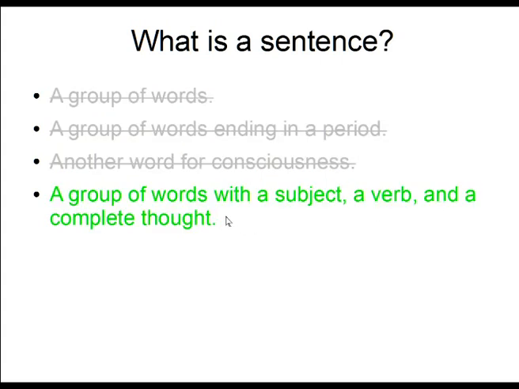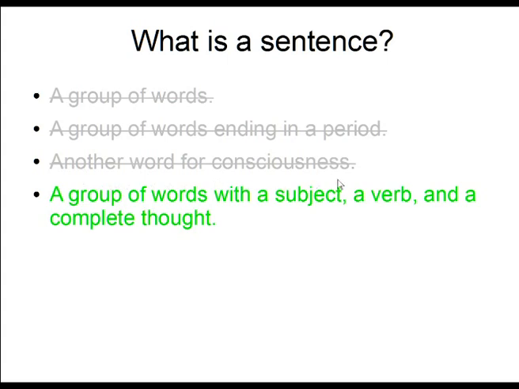This is the best definition of a sentence on this slide. These all mean things, but they're not quite as good as this definition. It's true that a sentence is a group of words, and it's true that some sentences end with periods, a little point mark here.